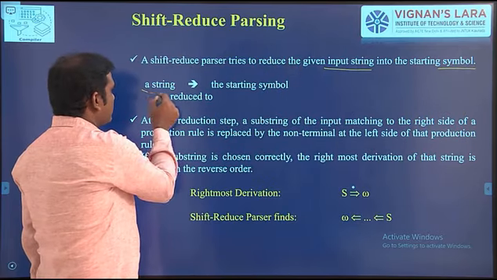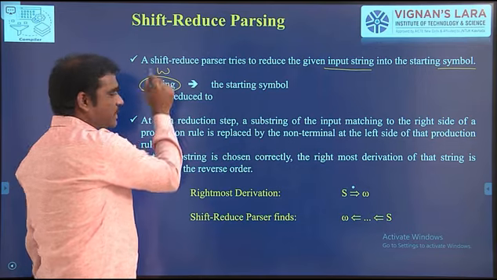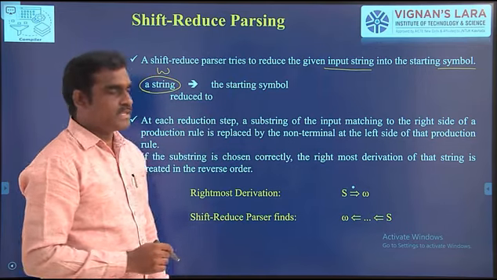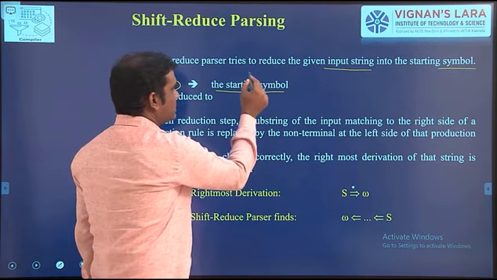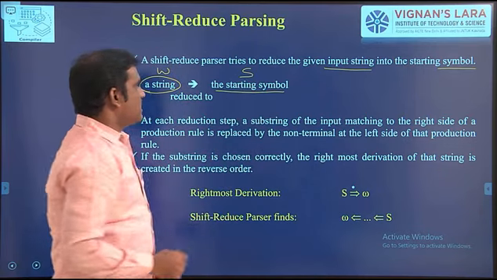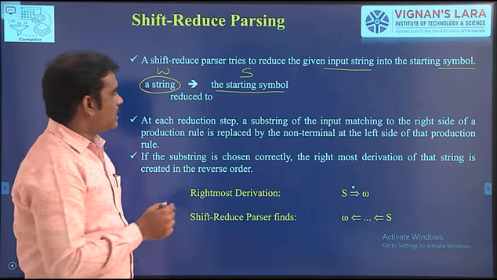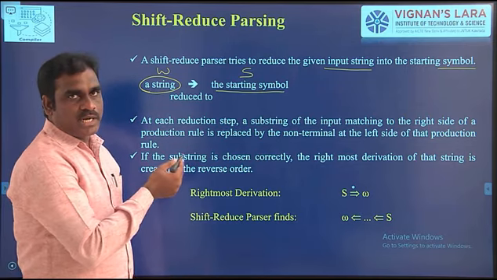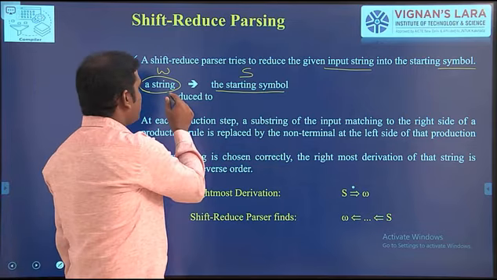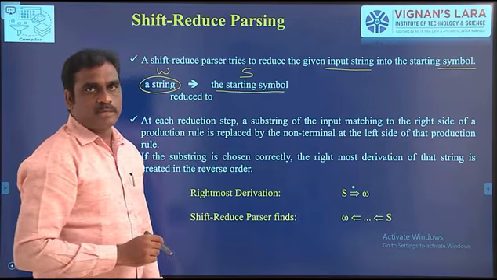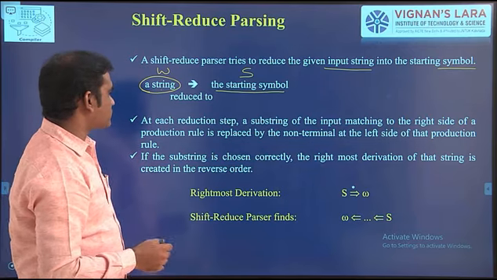Suppose the string is W, and it is reduced to the starting symbol of the grammar, S. So it simply starts with W and is reduced to the starting symbol of the grammar.